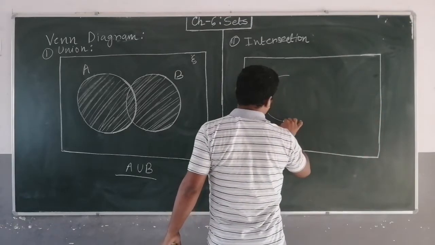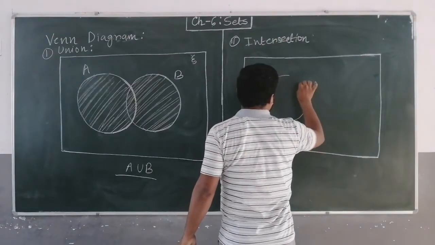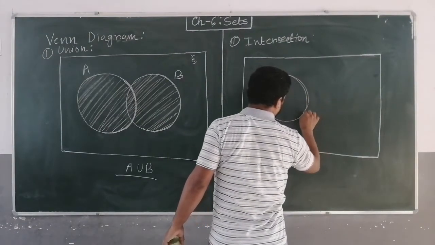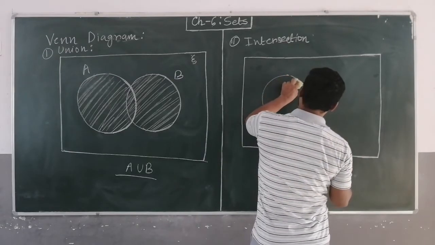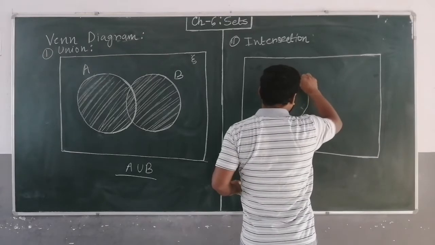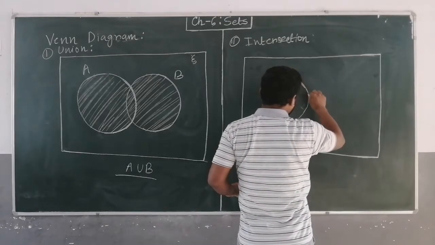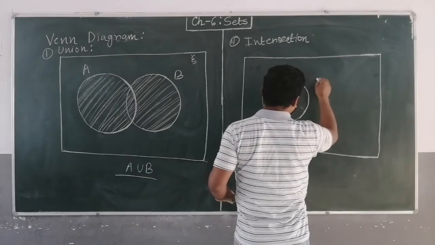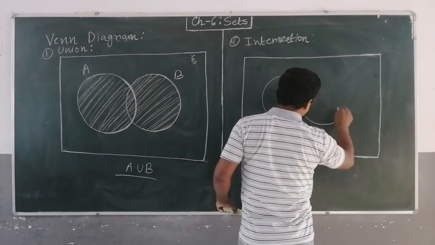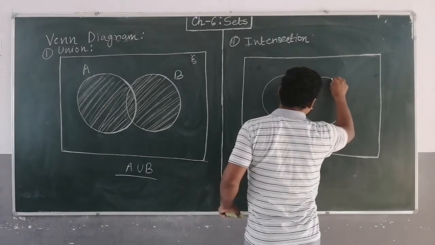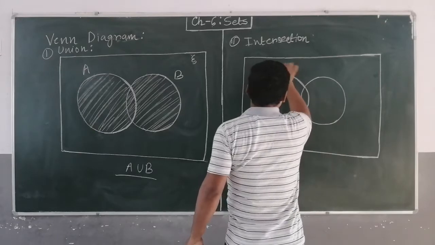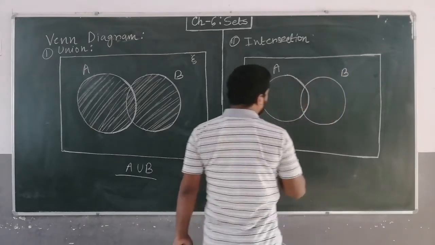Suppose two sets are there, A and B. These two sets are there.